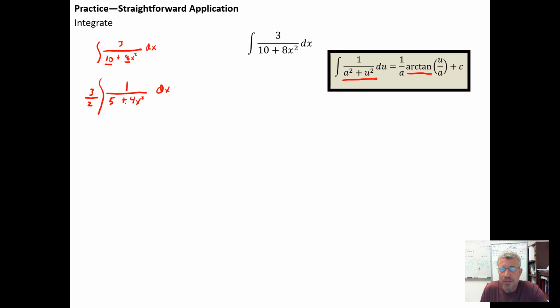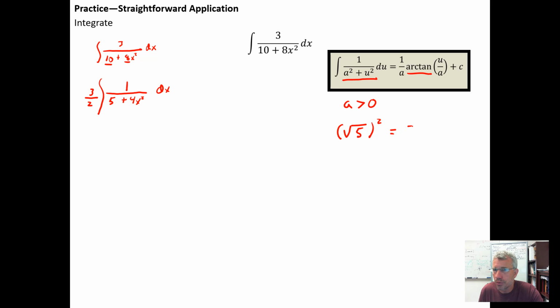And I really do have the sum of squares here in the denominator, even though maybe it doesn't look like it. What I want to remember is that a just has to be a positive real number, and it doesn't have to be a nice positive real number. There's no reason why it has to be, for example, a perfect square. So we want to recognize that 5 can be written as the square root of 5 squared.